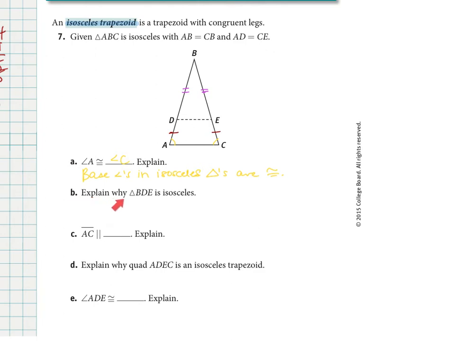It says, explain why triangle BDE, so why BDE, why that's isosceles. All right, so technically the information that we have, they didn't necessarily give that BD was congruent to BE, but what they said altogether is that this whole length is congruent to this whole length.